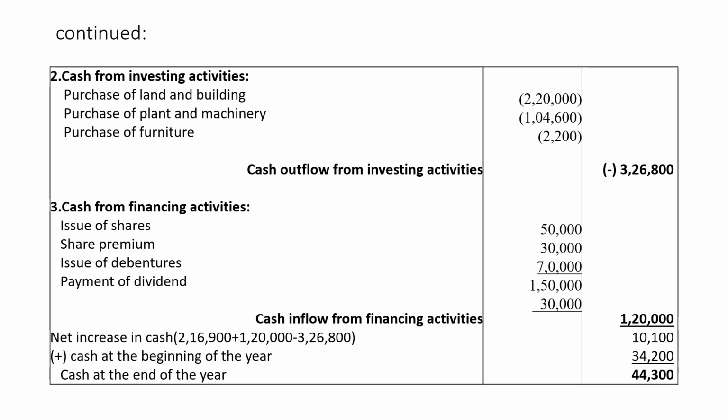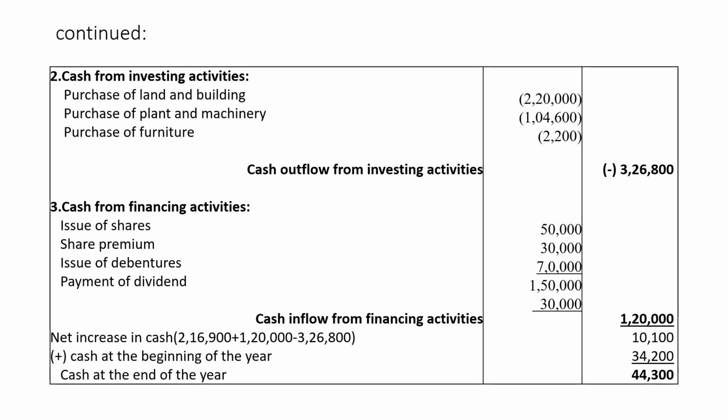Purchase of land and building 2,20,000 results in outflow of cash. Purchase of plant and machinery 1,04,600 outflow of cash. Purchase of furniture 2,200. Total outflow of cash from investing activities will be 3,26,800.